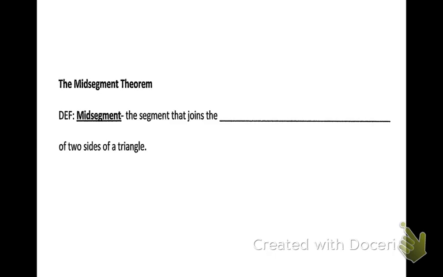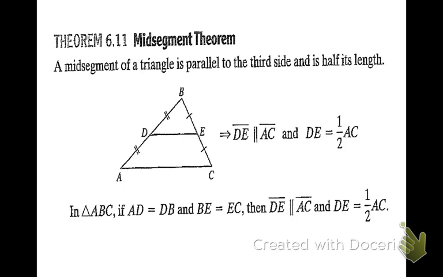Mid-segment theorem. The segment that joins the midpoints of two sides of a triangle. Theorem 6.11, mid-segment theorem: a mid-segment of a triangle is parallel to the third side and half its length.